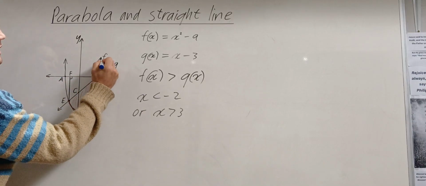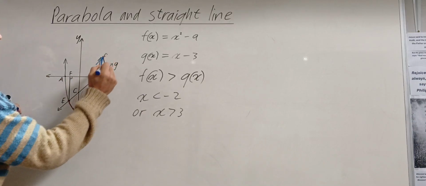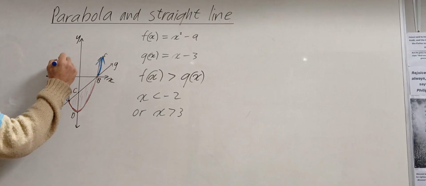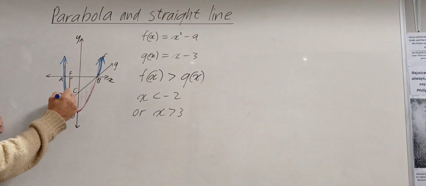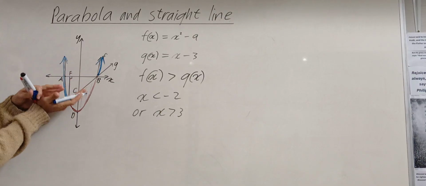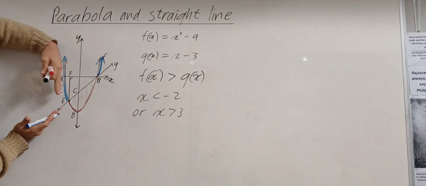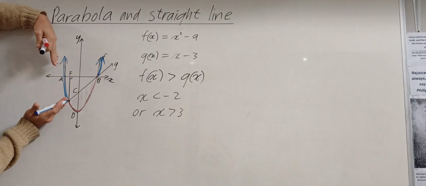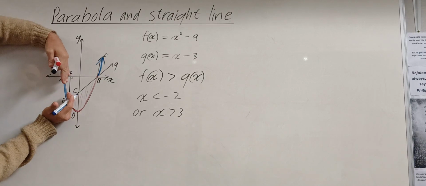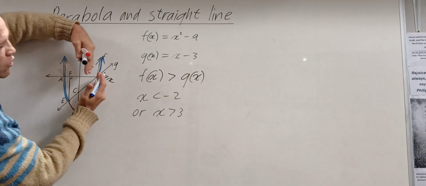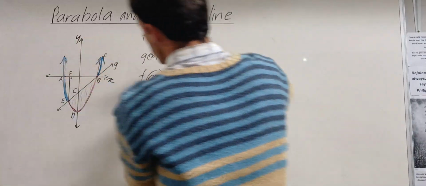Here, f is bigger than the straight line, and this part here, the blue part, you can clearly see f is above the straight line. There's the straight line, there's the parabola, it's bigger than the straight line, it's above. So where does that happen? When x is on this side, smaller than negative 2, or when x is bigger than 3 on that side.